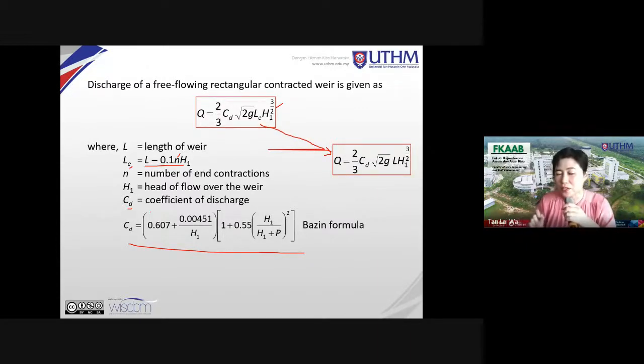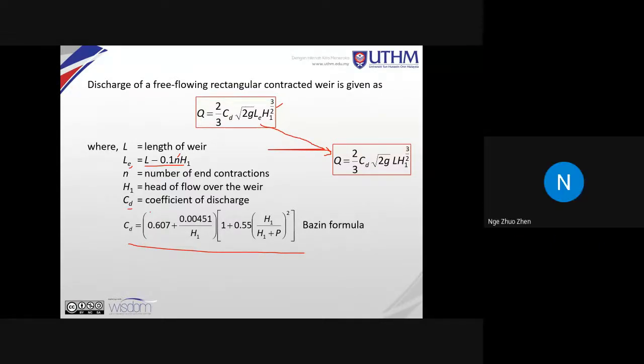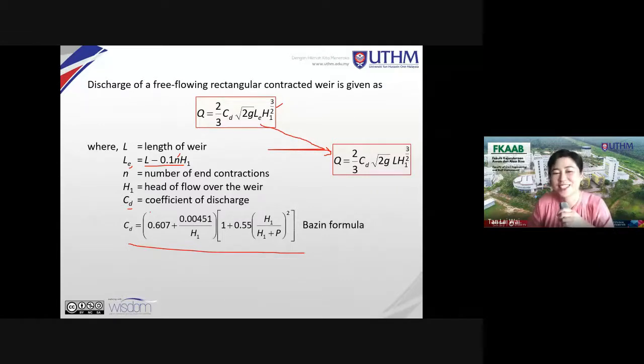If not, you can use the Rebound formula or you can use the Basin formula. So both formulas can be used. If the question specifically says to use Basin, then you have to use the Basin formula to find CD. Clear?